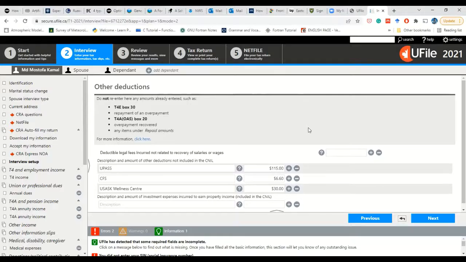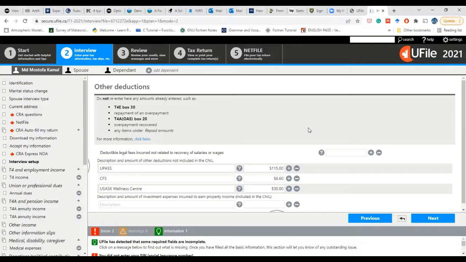I'm sorry, I do not know actually whether we can claim work from home expenses here. I think you can claim it as other deductible, but I do not know whether you will receive it.